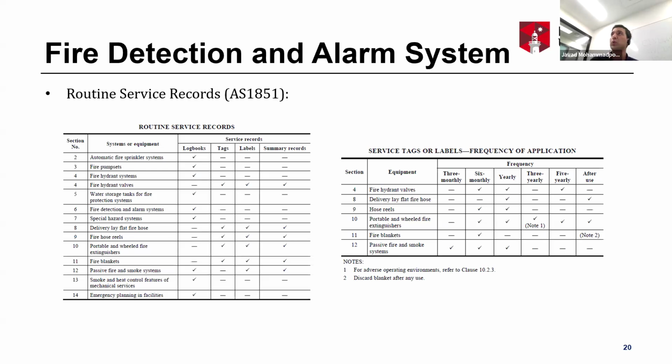After doing the inspection, as we can see in the left figure, we have a logbook, so the expert needs to fill it up. And if necessary, they also install a tag or label based on the different devices. For example, for the fire hydrant system, only filling the logbook is enough.